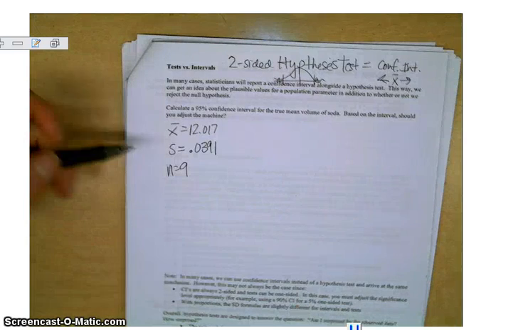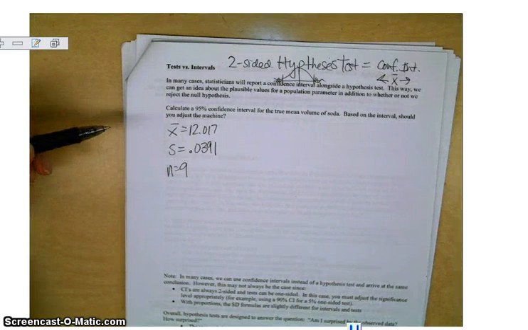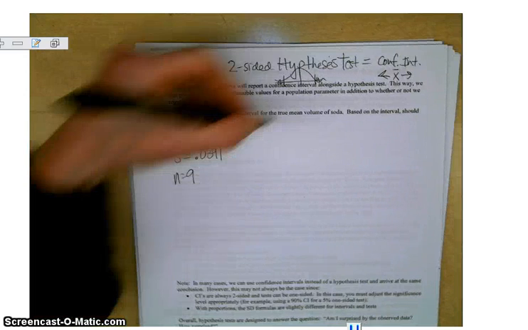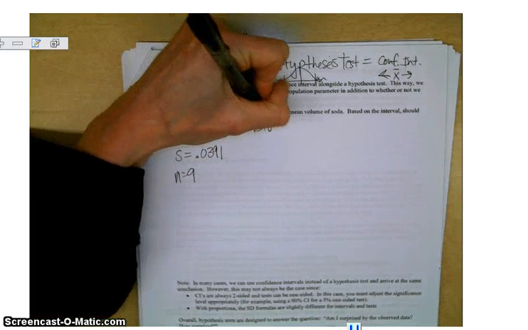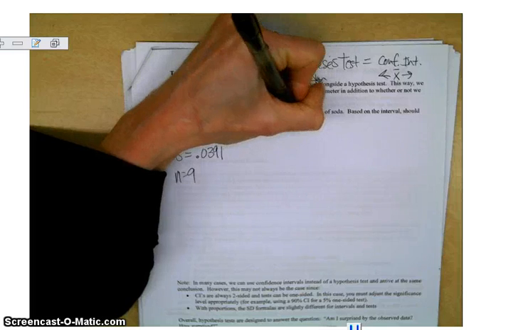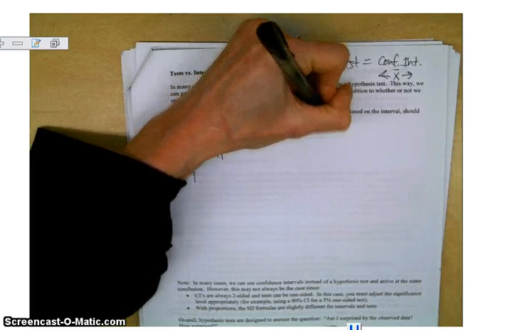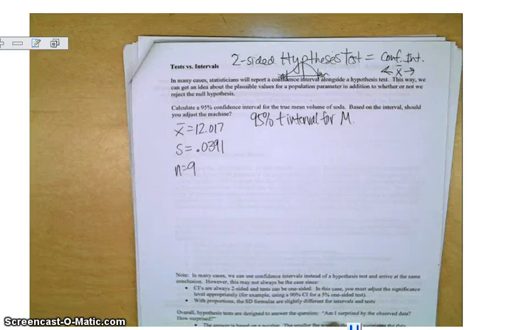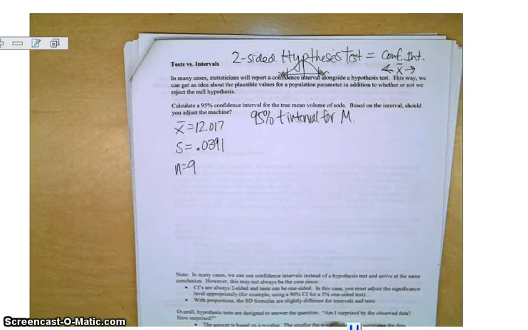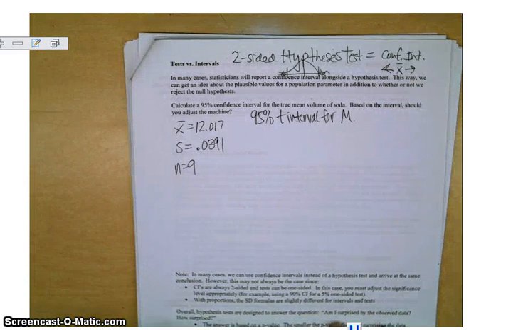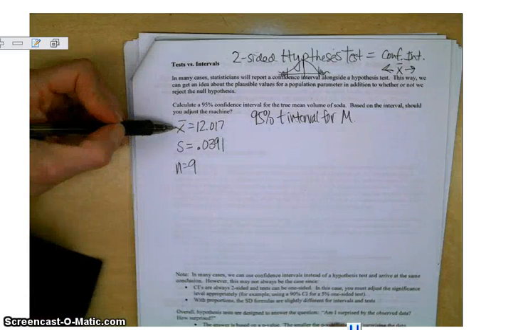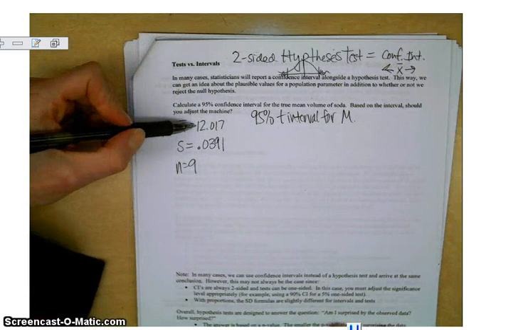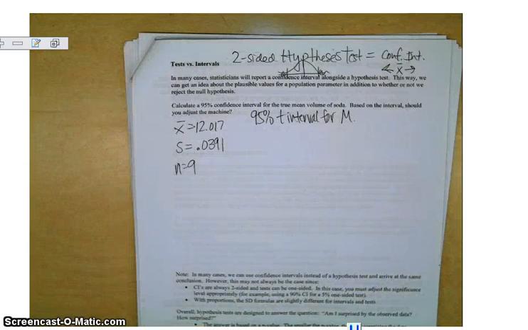We're going to take that data and write a 95% t interval for the true mean volume of soda. So in other words, based on our sample giving us this average volume in those cans, what would be the expected volumes that this machine would be producing right now?